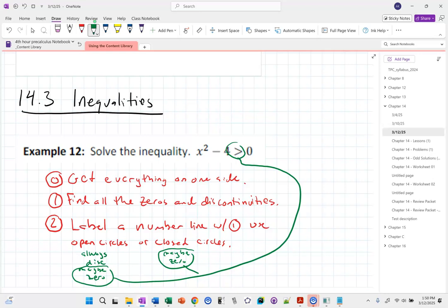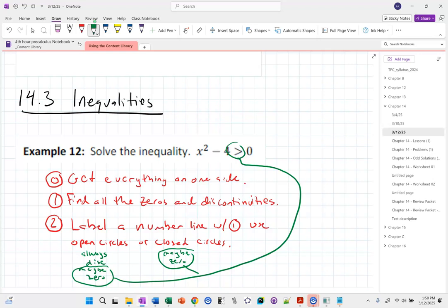Again, we'll always use open circles for discontinuities. And then maybe we'll use an open for a 0, or maybe we'll use a closed for a 0. That decision depends on the type of inequality.